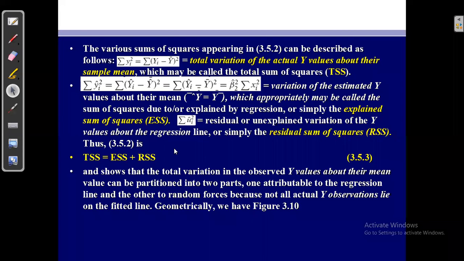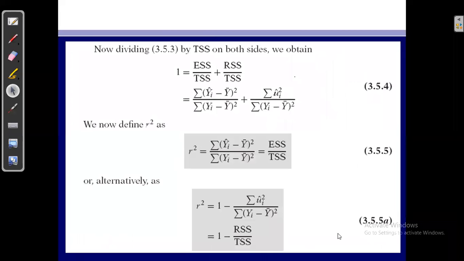So R square by definition is simply the ratio of explained sum of square to the total sum of square. Although there is a formula for ESS and a formula for TSS, if you focus for the time being on this ratio, ESS divided by TSS, ESS represents the portion of total variation of y which is explained by x.